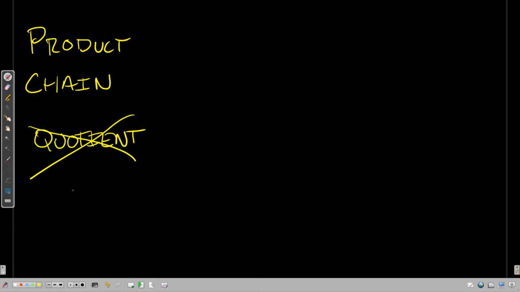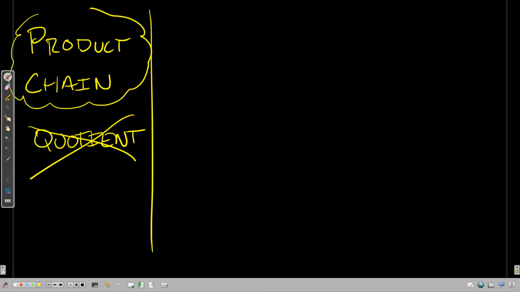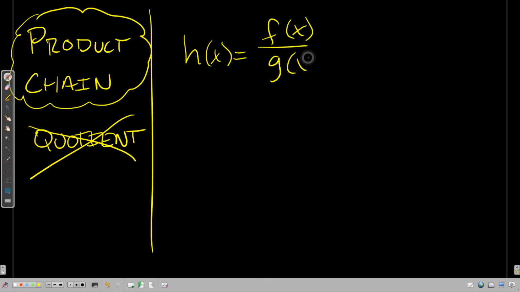Nobody likes the quotient rule. It's totally replaced by the product rule and the chain rule. For example, let's say I give you a function defined abstractly. I say my function is just f of x over g of x. Okay, great. Well, maybe you know the quotient rule and can plot down what the derivative would be.